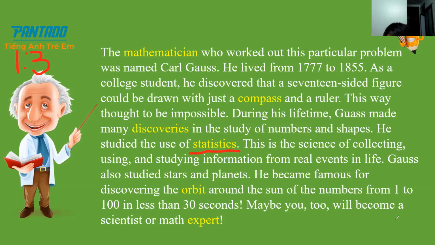Gauss also studied stars and planets, and he became famous when he discovered the orbit around the sun of the numbers from 1 to 100 in less than 30 seconds.